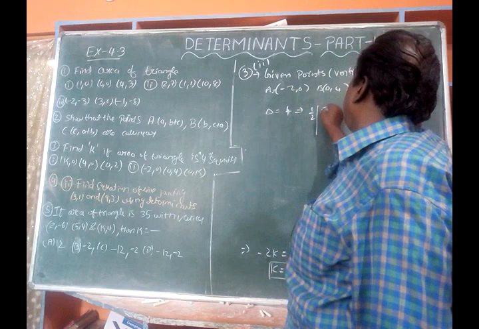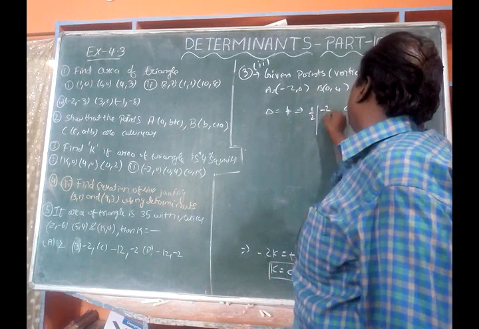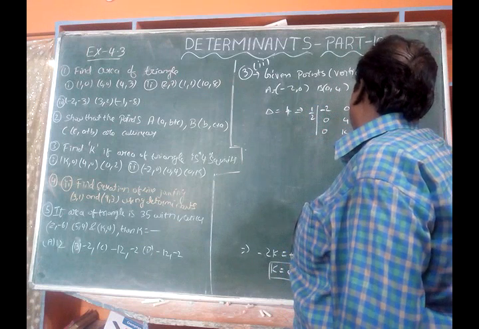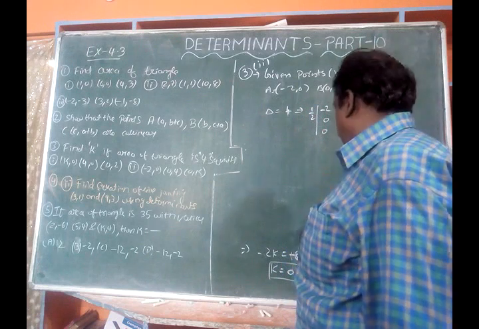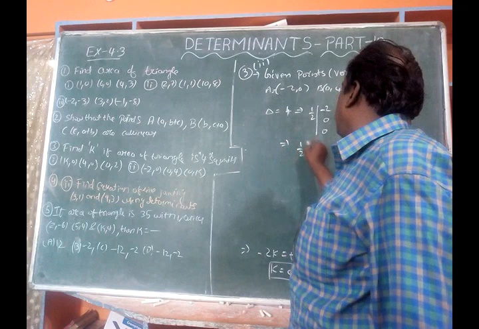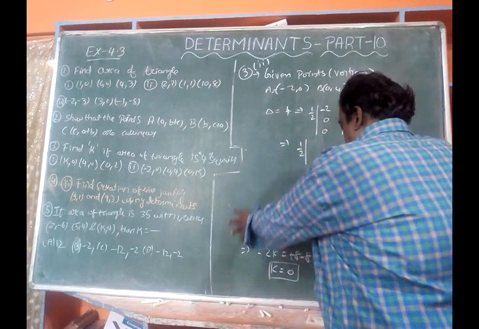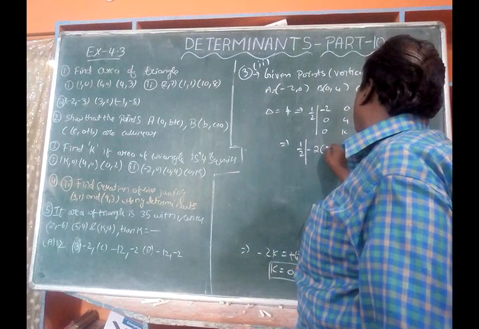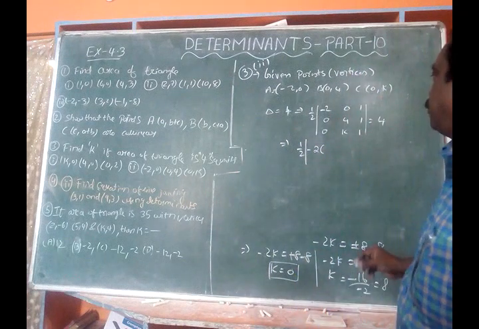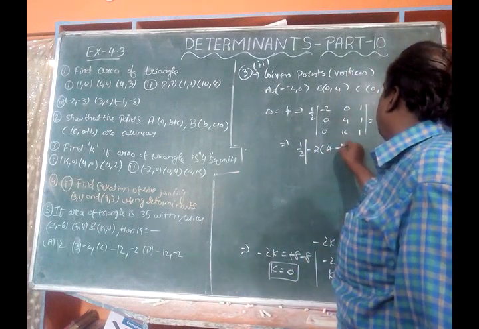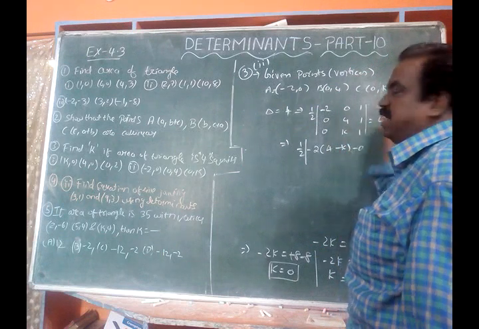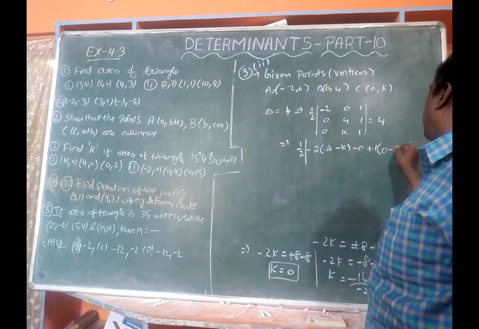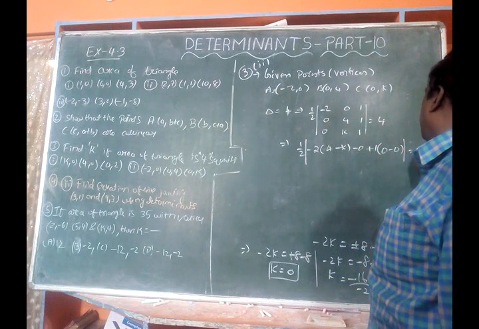1 by 2 determinant minus 2 0 1, 0 4 1, 0 k 1, it is 4. It is 1 by 2 with modulus, minus 2 of the row and the column, minus 2 of 4 minus k, minus 0 anything is 0, plus 1 of 0 minus 0 is equal to 4.